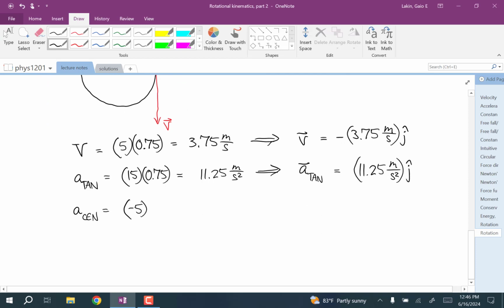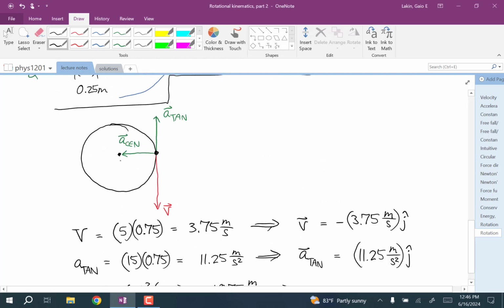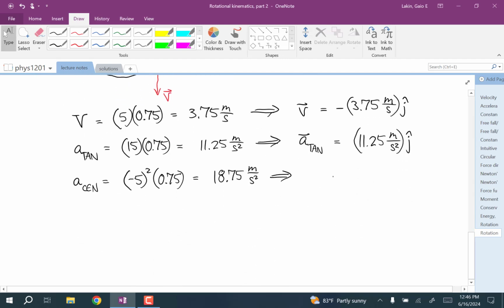We got negative 5 squared times 0.75 gives us 18.75 meters per second squared. That's in the negative i direction. So the centripetal acceleration is negative 18.75 meters per second squared i.